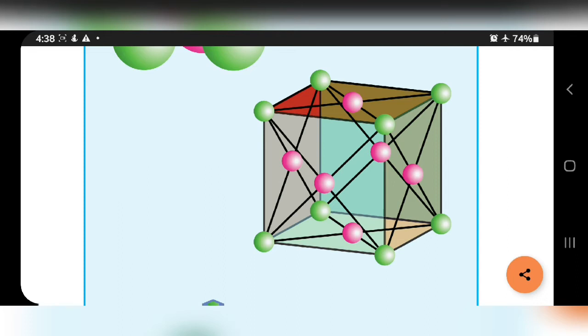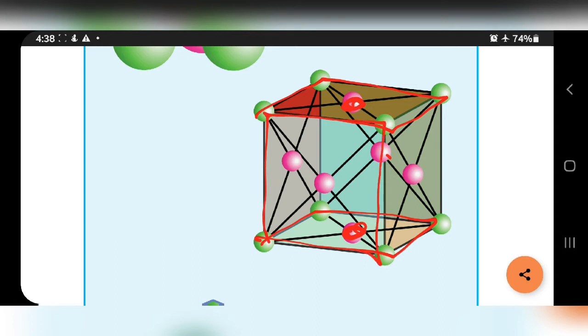See, in this unit cell, these are all corner atoms. Totally how many corner atoms? 8 atoms. In this face, this is the center. In this face, this is the center, face center, like that. In this face, this is the center.